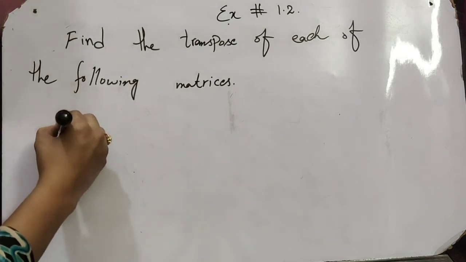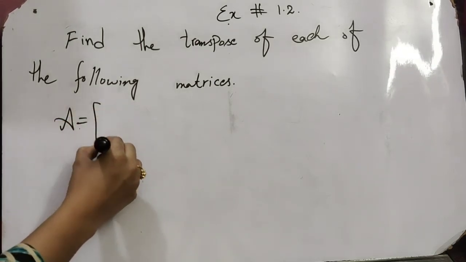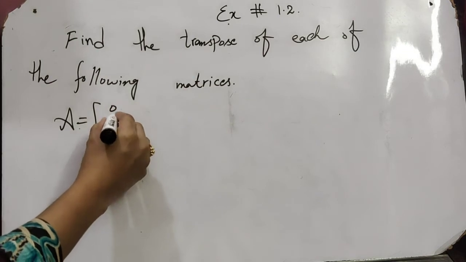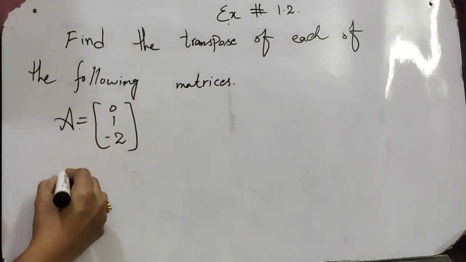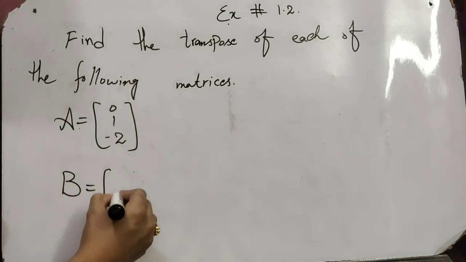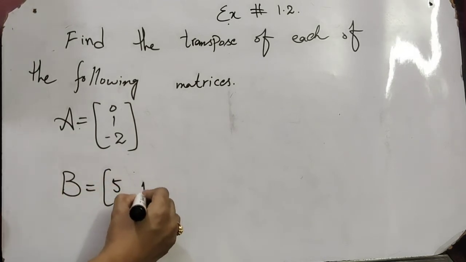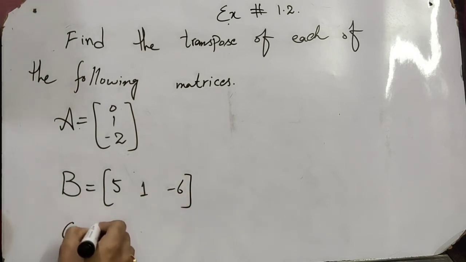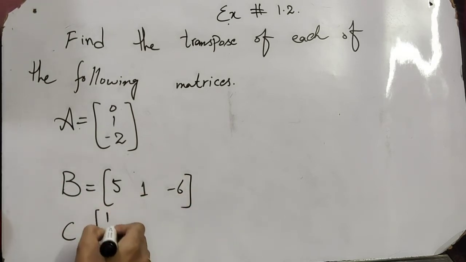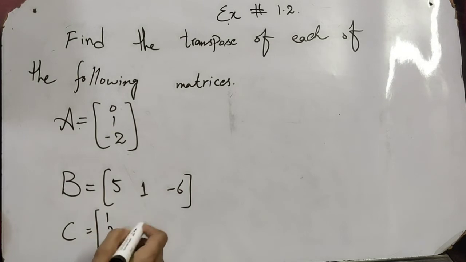Part 1: A is equal to 0, 1 and minus 2. B is equal to 5, 1, minus 6. And C is equal to 1, 2, 3, 2, minus 1 and 0.